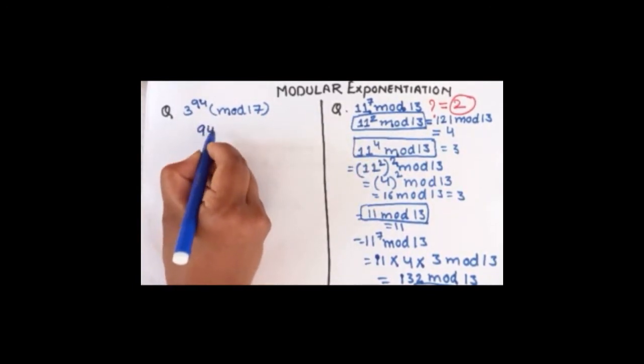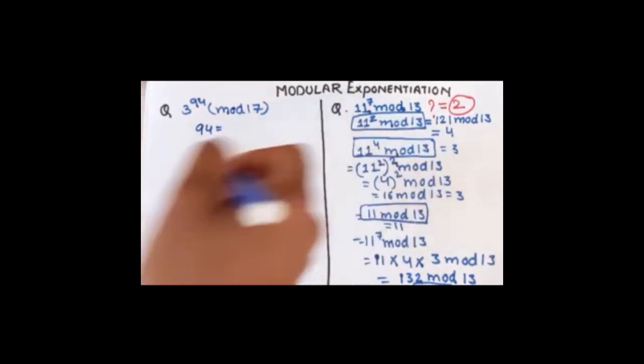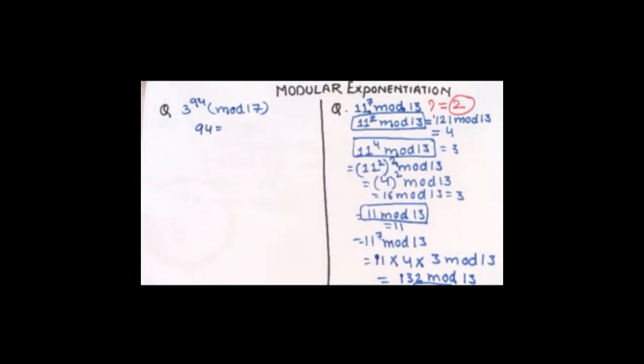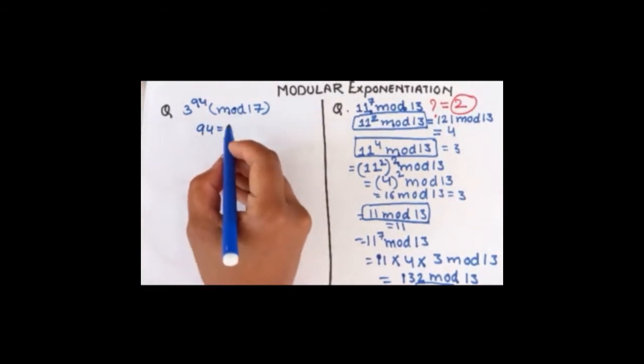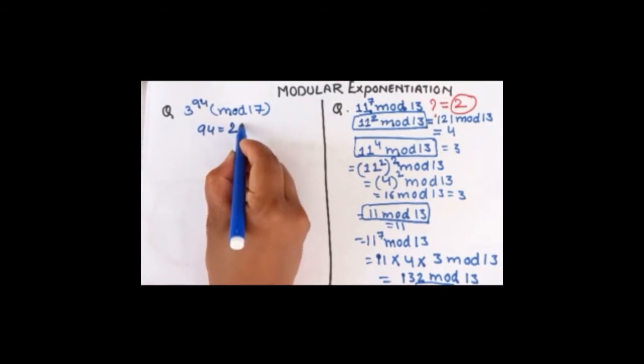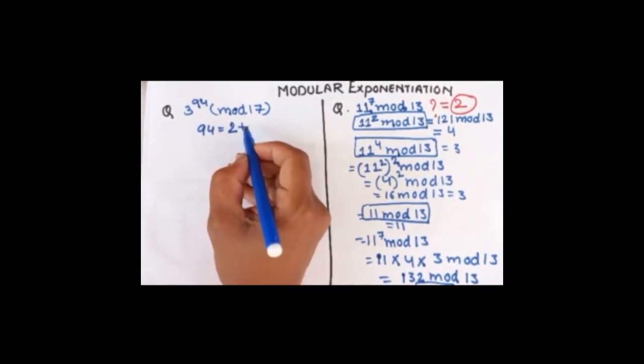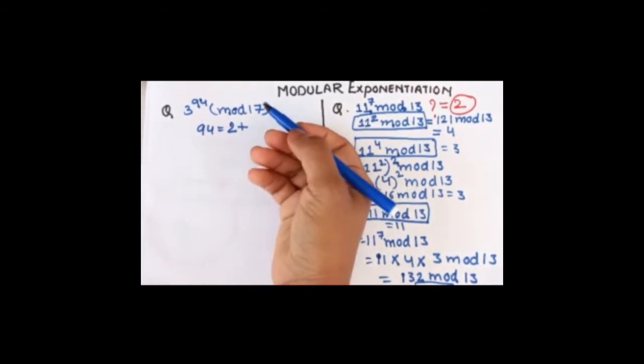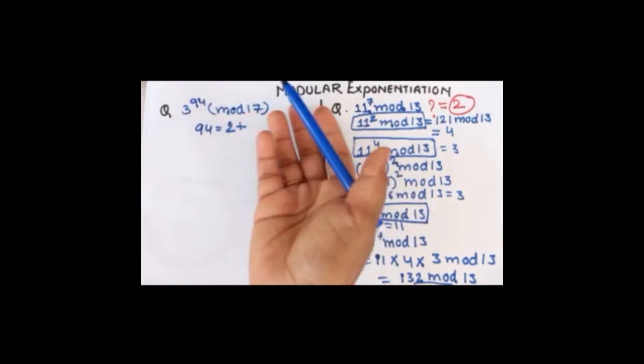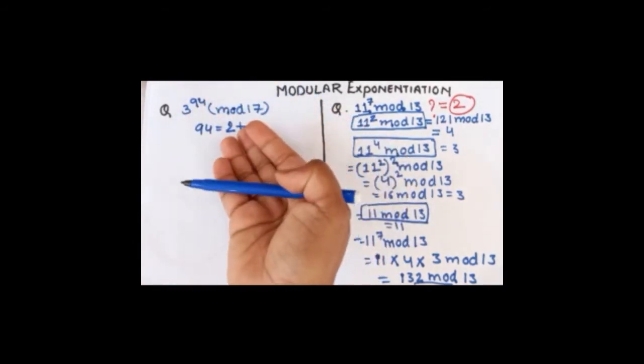I told you, basically divide your power term into powers of 2. So here I will be dividing my 94 into powers of 2. Start with 2, always start with 2, because 3 to the power 2 is easier to find out. That is why I am telling you to start with 2.